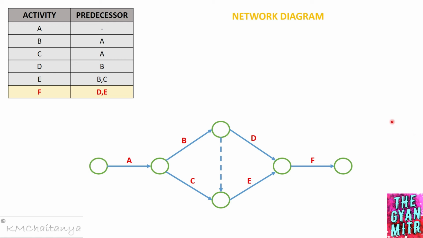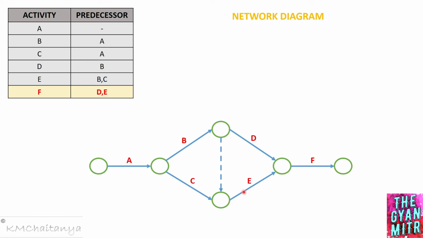So we can just look at it. Activity A, you can just compare it with the table. Activity A is the first activity. B and C are the parallel activities which are starting after activity A is completed. So activity D is going to start after activity B is completed, and activity E is going to start after both B and C are completed.